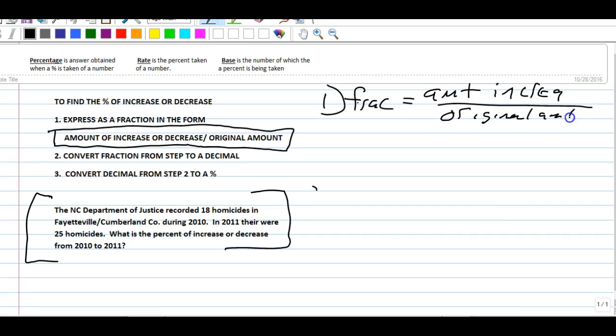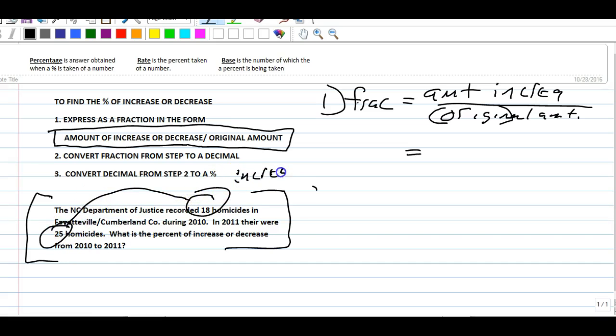Now remember, original contains the word origin, and origin means in the beginning. You have to be careful here: the amount of the increase is not 18 and it's not 25. If we went from 18 homicides to 25, that's an increase of 7.